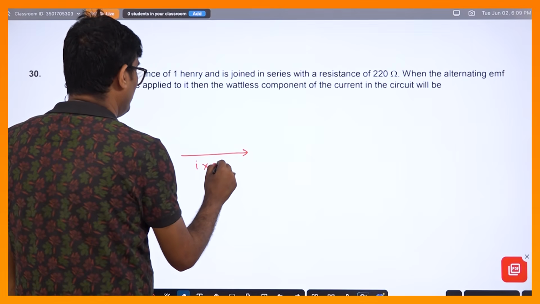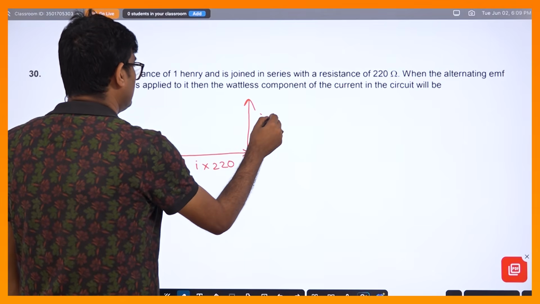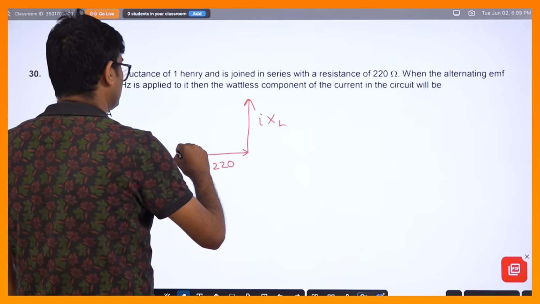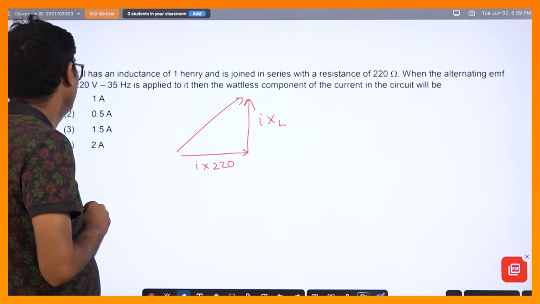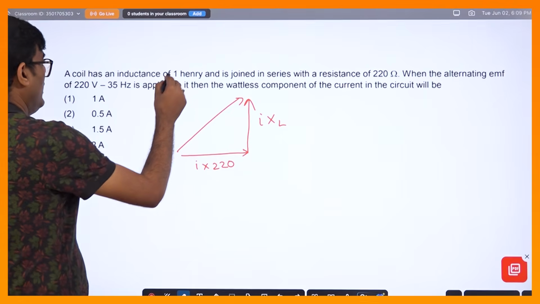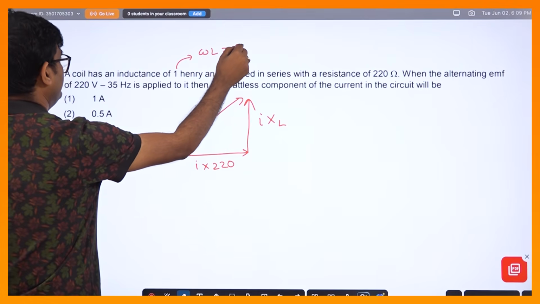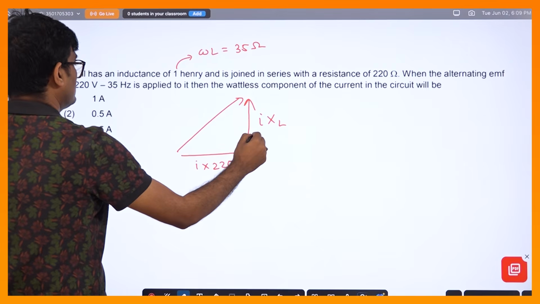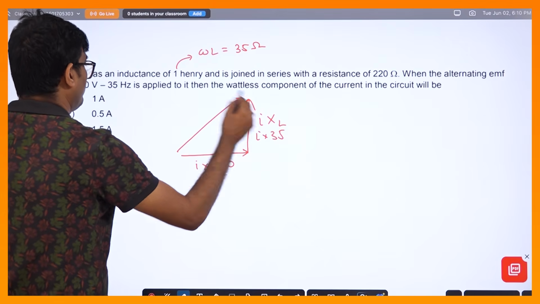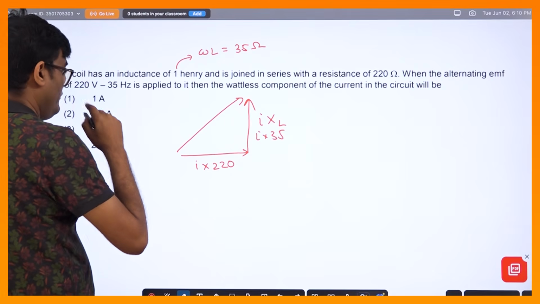I into 220 is the I into R in the circuit, and I into XL is this one. If it is 35 Hz, then 1 Henry will become omega L, so it is 35 ohm, so it is I into 35 ohm. Now it is 220 volt.